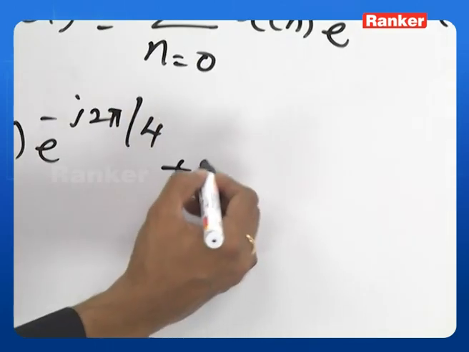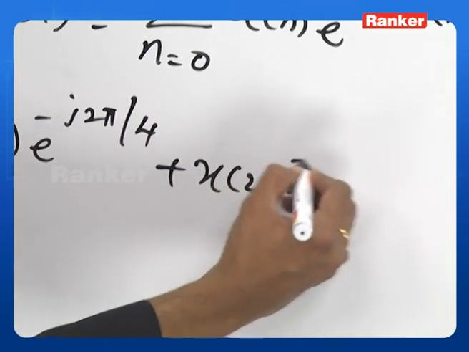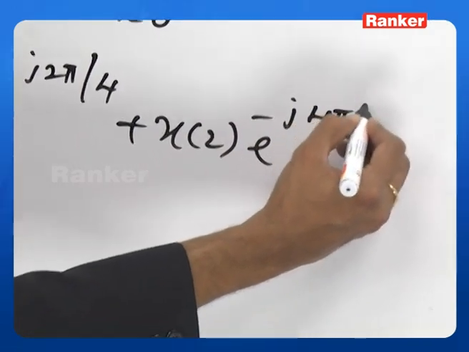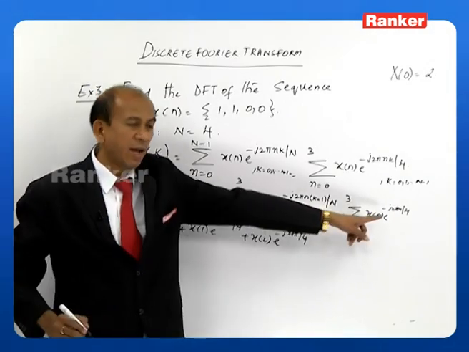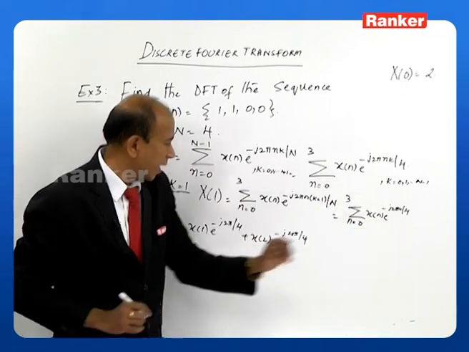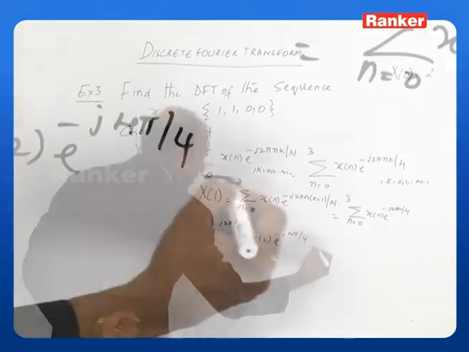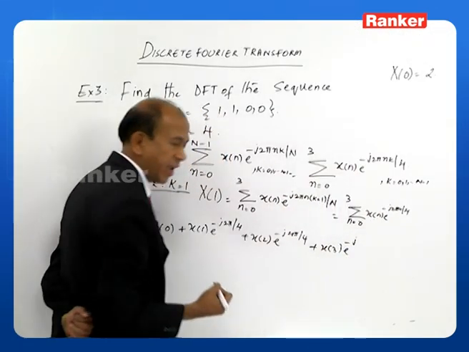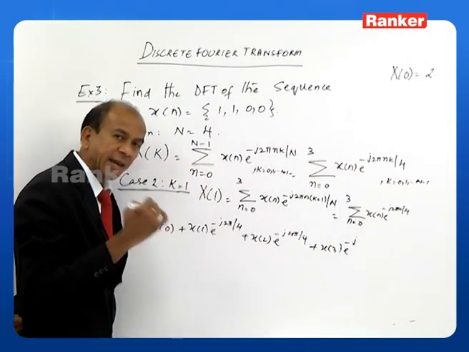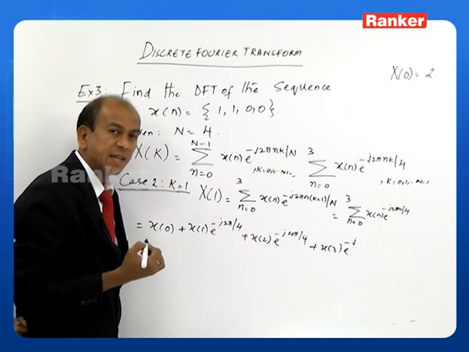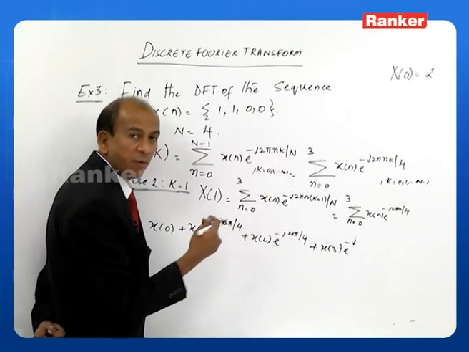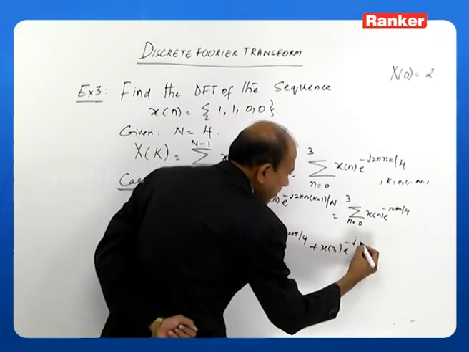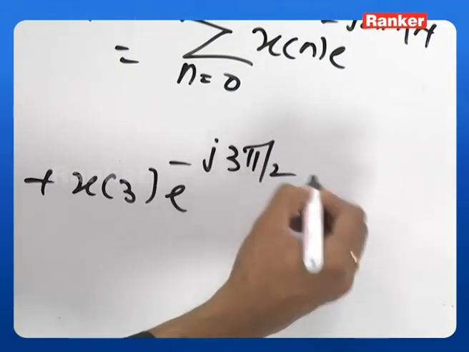Plus x of 2 e to the power of minus j 4 pi by 4 because now n is equal to 2, so that will become 4 pi. Then comes x of 3, e to the power of minus j. What is n now? n is equal to 3, so it will be 6. 3 into 2, 6, 6 by 4, that is equal to 3 by 2. So I can write this as minus j 3 pi by 2.